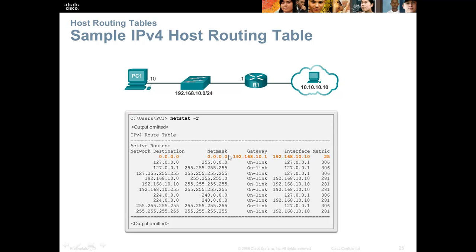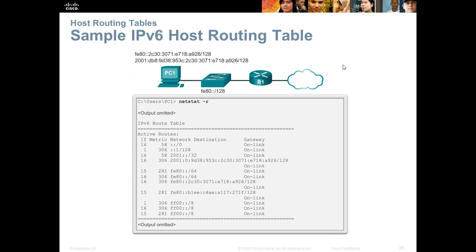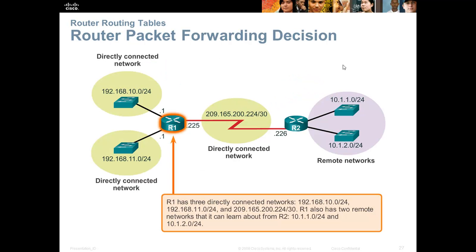And what we would do is send it to our gateway address now of 10.1 out of our local interface, get it to our default gateway, and hopefully our default gateway can deliver it or at least get it to the next router. This is an example of an IP version 6 host routing table, very similar except we're working with IP version 6 addresses. When we send a packet to our default gateway, the router must then make a forwarding decision.